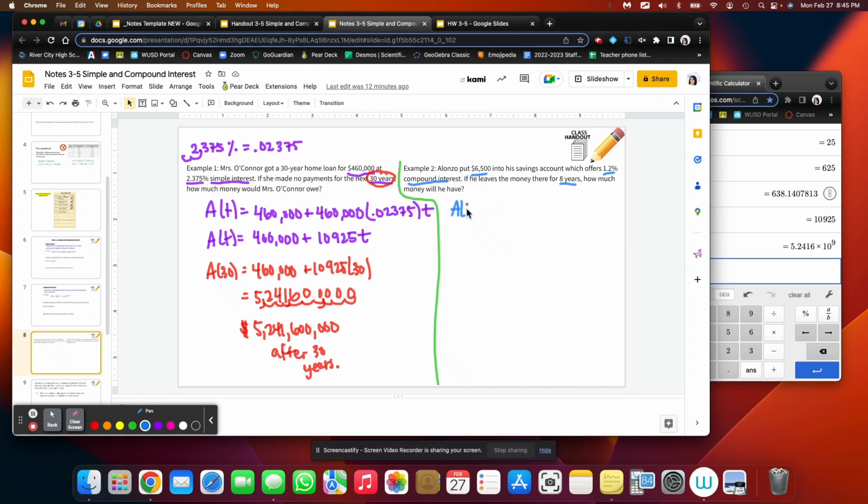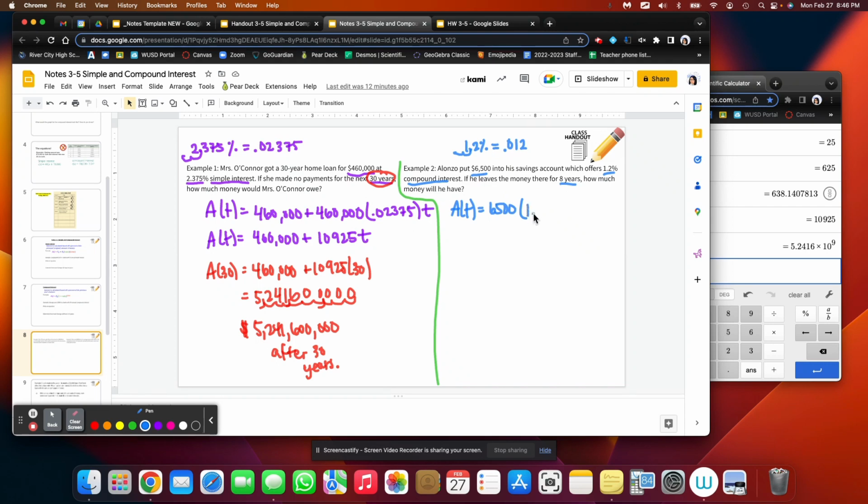So I'm going to write an equation using A of t. The formula for compound interest is the original amount, or the principal amount, so $6,500, times the rate, so 1.2% as a decimal. We're going to move it over to the left 2 places. 1, 2. So that's 0.012. And we're going to do 1 plus that.